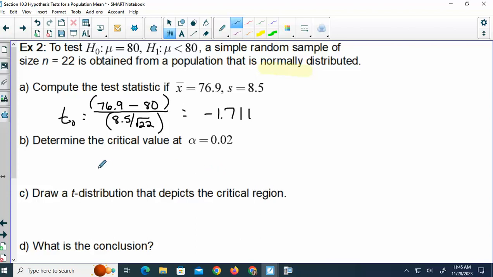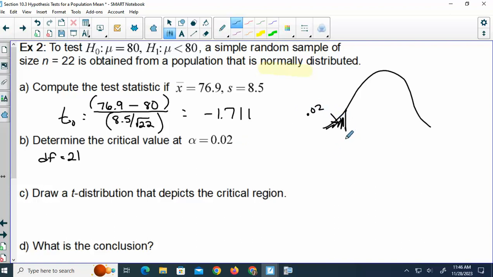Alright, now we have to find our critical value from the table. So how many degrees of freedom do we have here? We are testing less than. So less than is down here. My alpha level was 0.02.